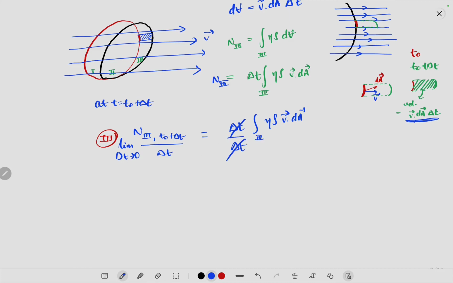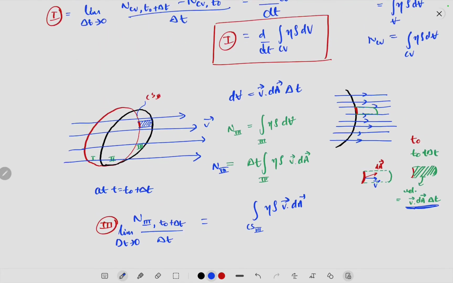This delta t would cancel out with delta t and we are left with this expression. This surface is actually this surface, so let's call it CS3, and the integral of this dA vector is over CS3.